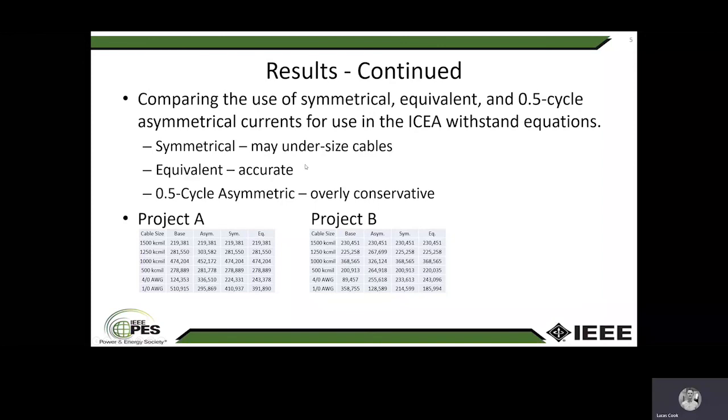And the benefit of this is you can be assured that you won't destroy cable for a particular fault on those undersized segments. And of course, if you compare both of these to the half-cycle asymmetric method, it's clear that the asymmetric method oversizes the cables significantly and is likely not the best approach.